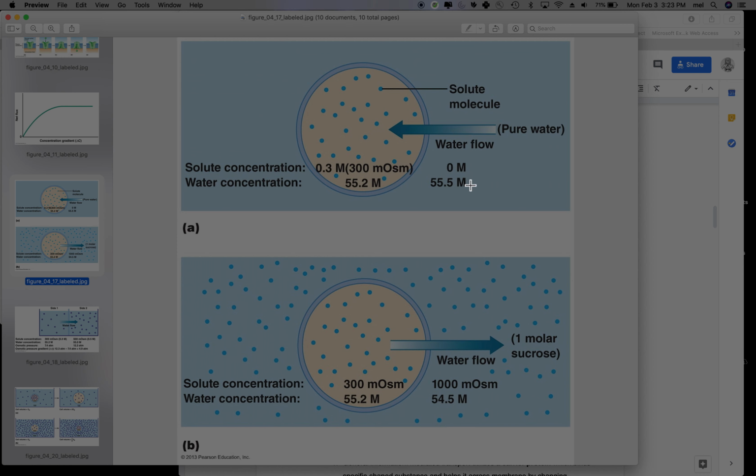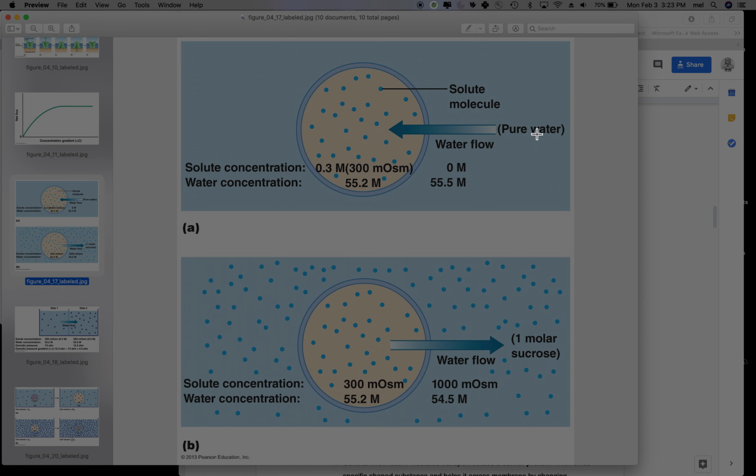All you have to do is figure out, okay, well, if this is the solute concentration and wherever there is not solute, there is water, what is the water concentration? Not numbers, but where is it high and where is it low? So if this is 0 of solute, then it must be higher of water. 0.3 of solute, it must be lower of water.